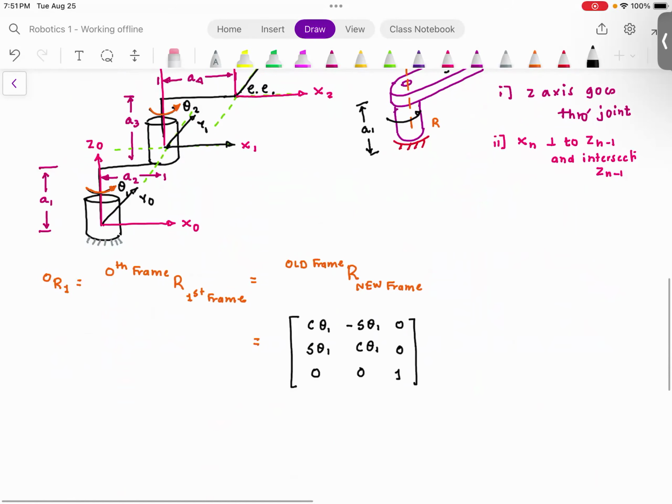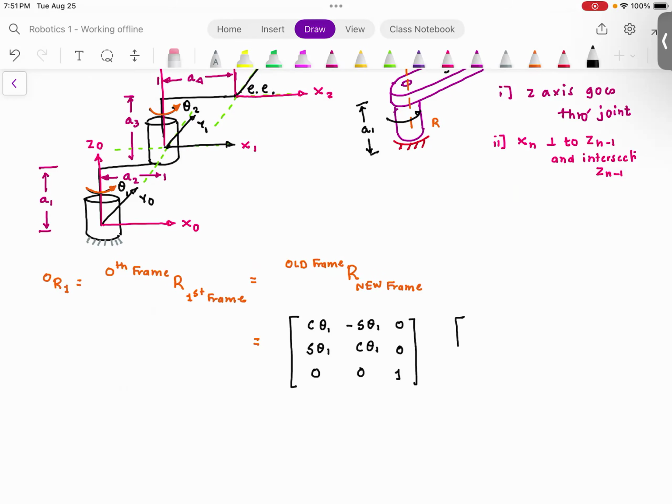Now, one thing I want you to keep in mind. Every rotation matrix needs to be multiplied by the projection matrix. What do I mean by projection matrix? So please understand your x1, y1, z1 may or may not be aligned with x0, y0, and z0. So you need to understand the projection. And we also did that.